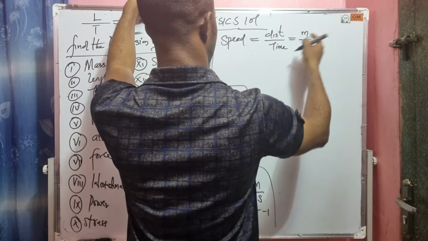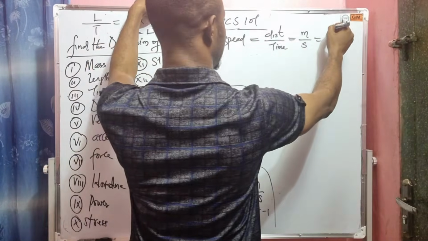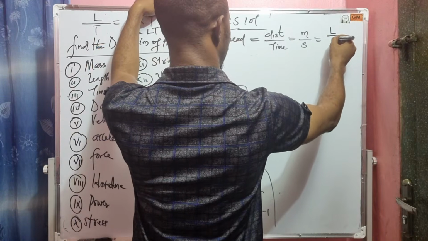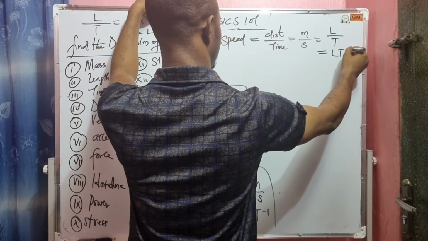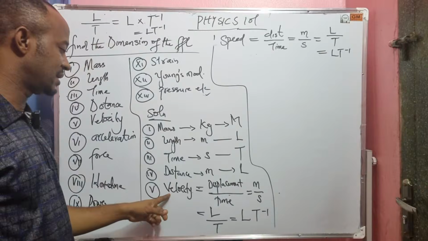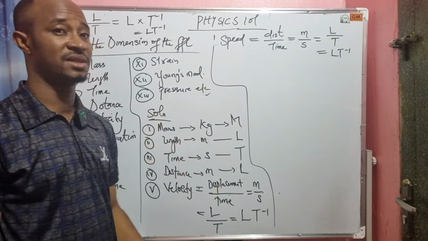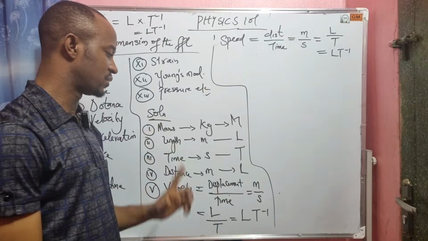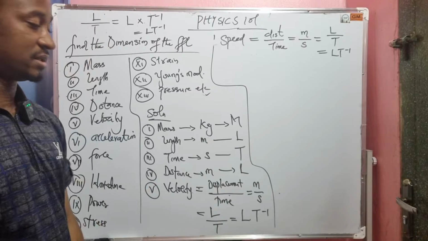The dimension of meter is capital L, that of second is capital T. This will also give us LT^-1. What does that imply? That velocity and speed have the same dimension, and they have the same SI units. But although they are the same in these respects, they are not the same quantity, all right?